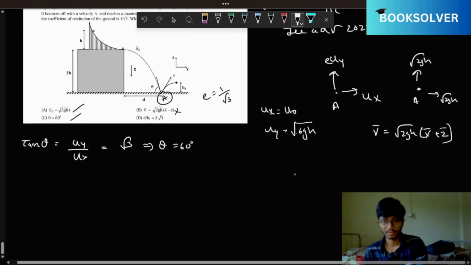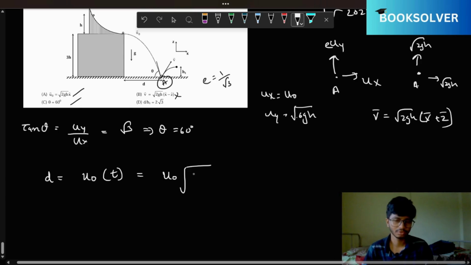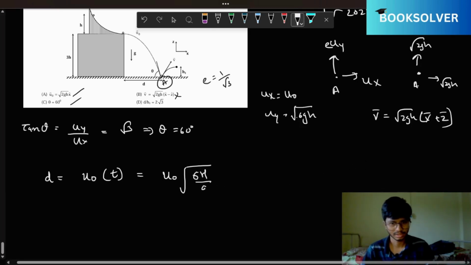Let's first calculate the value of d. d would be u naught into T, which is u naught into root of 6h by g, because half gt square is equal to 3h. So u naught is root 2gh, so root 2gh into root 6h by g.